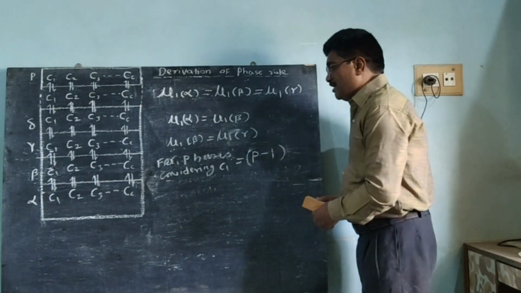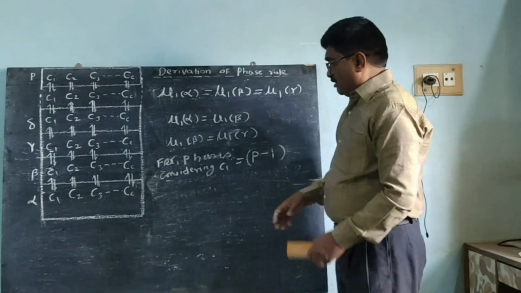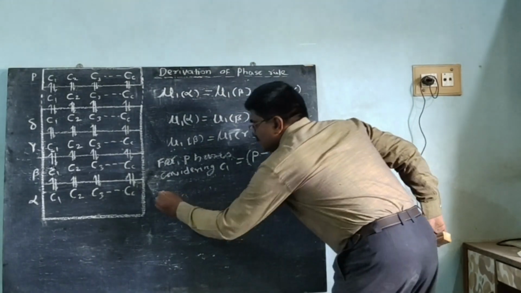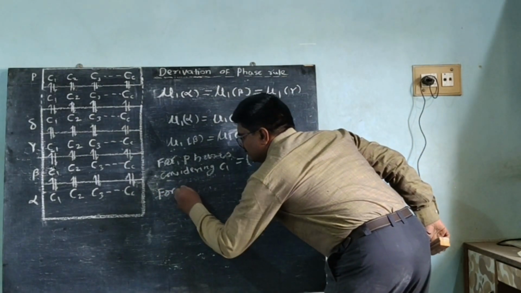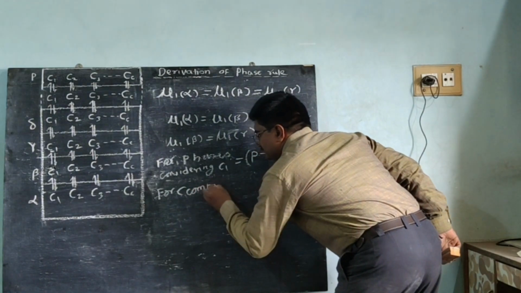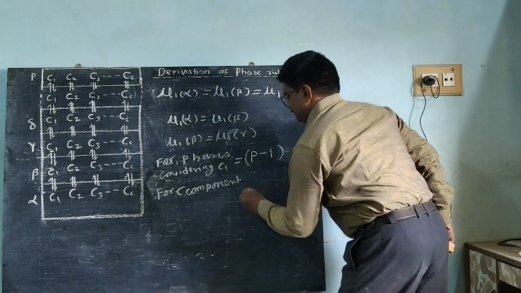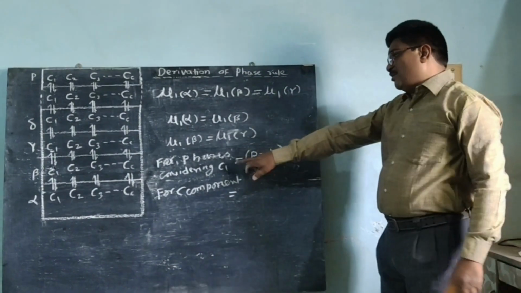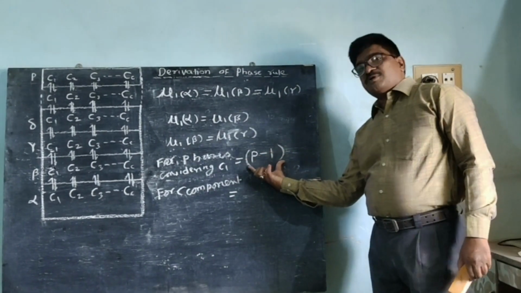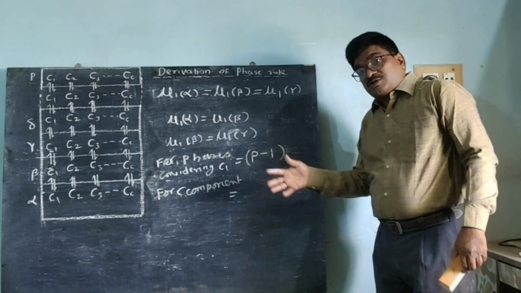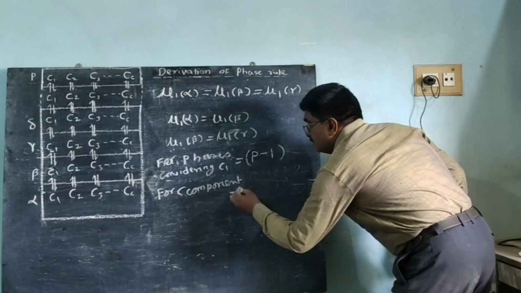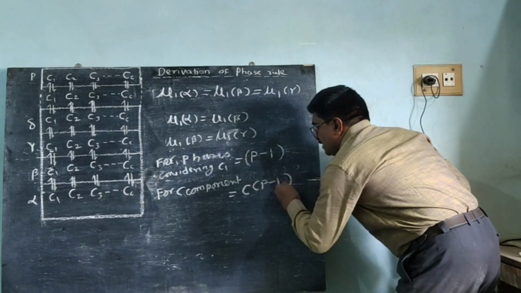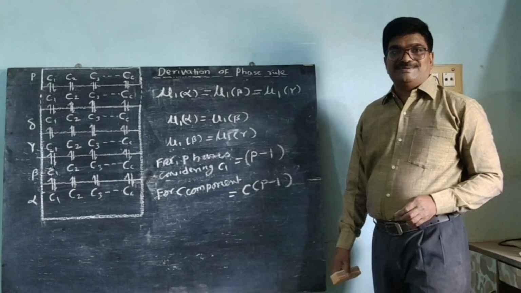Okay. Now for C components, for one component you will have P minus 1 independent equations. So for C number of components, C into P minus 1 independent equations.